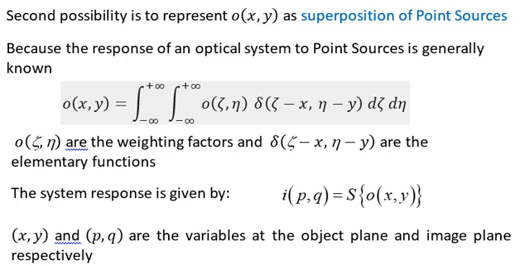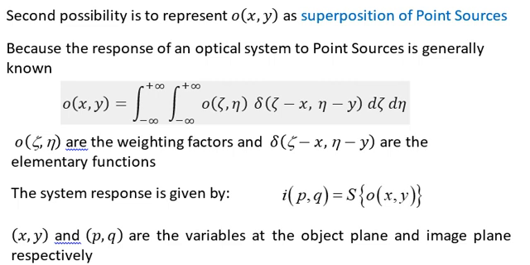This O at x,y is equal to a superposition integral. The two integrals represent the superposition of O at zeta and eta coordinates, multiplied by the delta, which represents the point source, delta of zeta minus x, eta minus y, integrated with respect to zeta and eta.